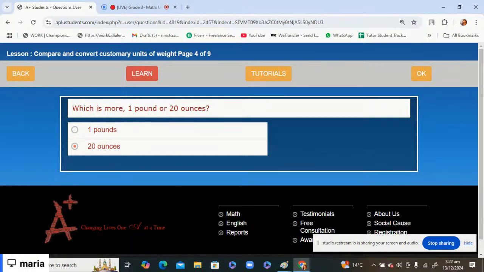My answer is option B. Is this right? Most of the students say option B. Yes, that is right. It's option B.